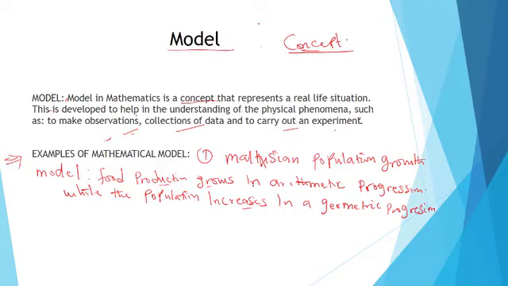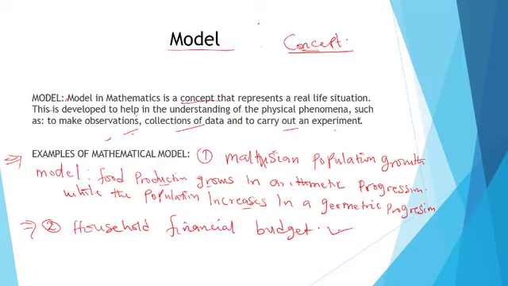We can even create a model of a household financial budget. A household financial budget is another good model that can be created to help the entire family ascertain the amount of food, the cost of living, or the cost of running the day-to-day activities that take place in the house.